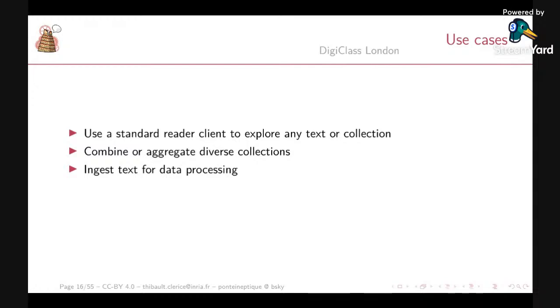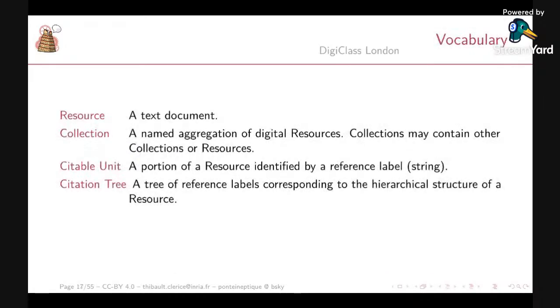And so this way you could browse all the DTS APIs in the world and probably find what you're interested in. And finally, depending on what you're doing, but for me it's an important thing, ingest text for data processing. I don't want to have to find where to download your files. I can just request exactly what I need from your API.